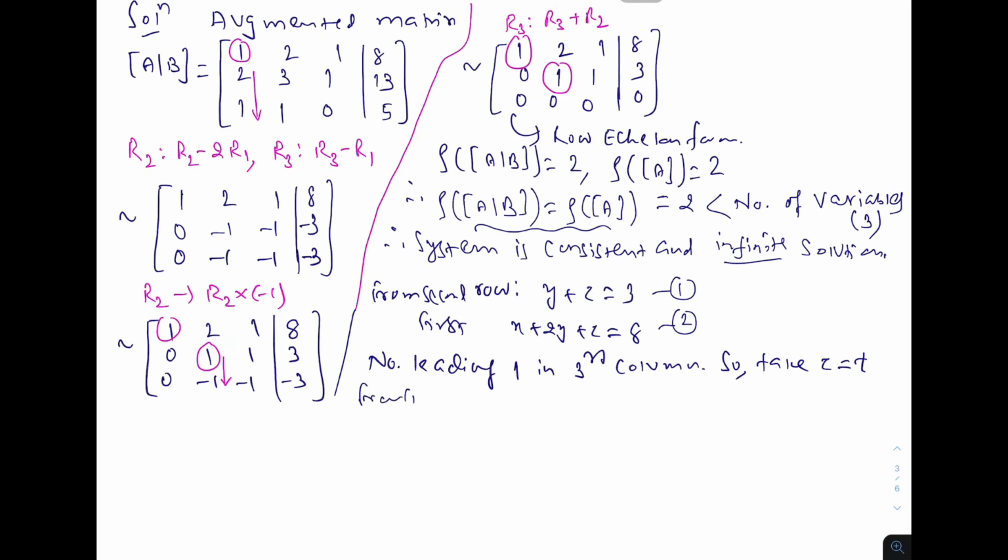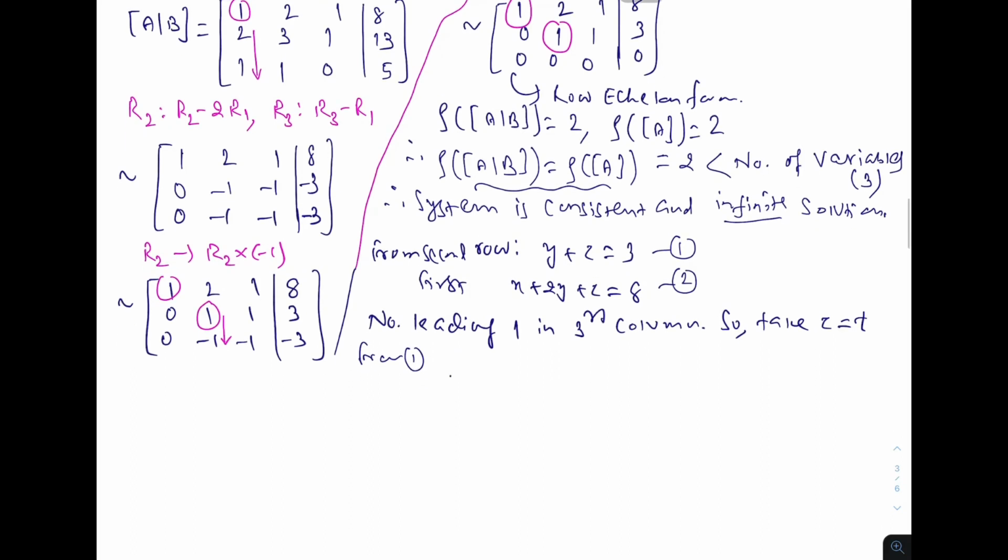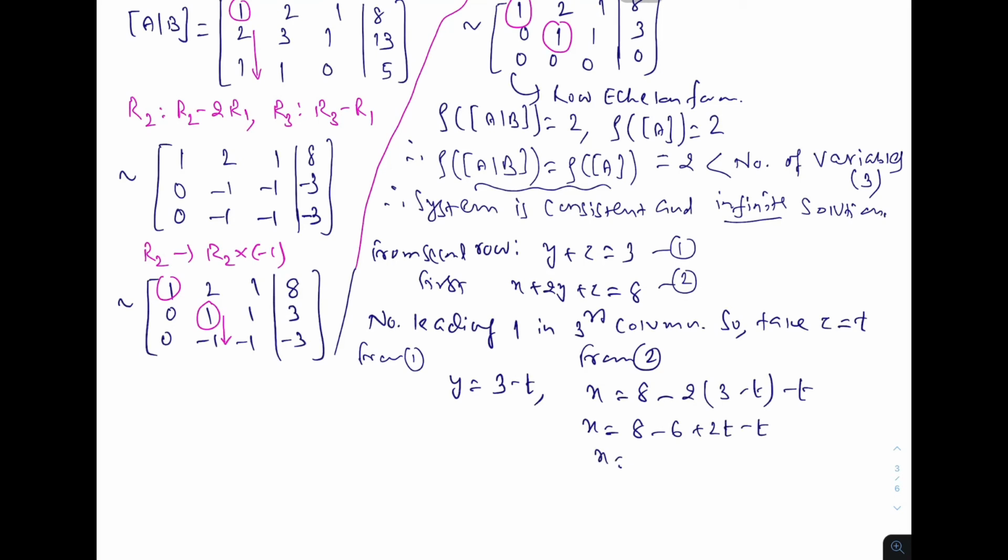So from 1, y equal to 3 minus t, and from 2, x equal to 8 minus 2y. So minus 2 times (3 minus t), so x equal to 8 minus 6 plus 2t minus t.